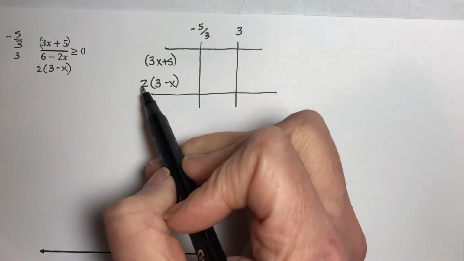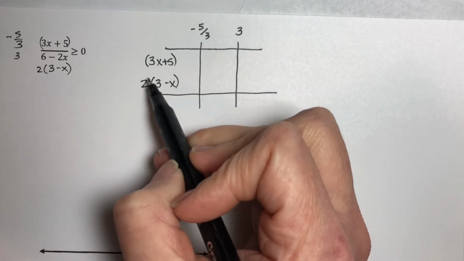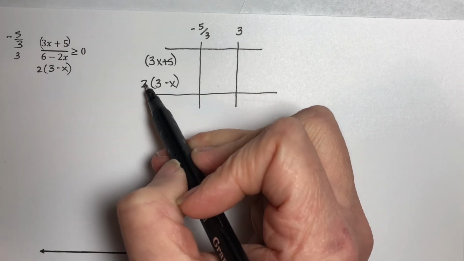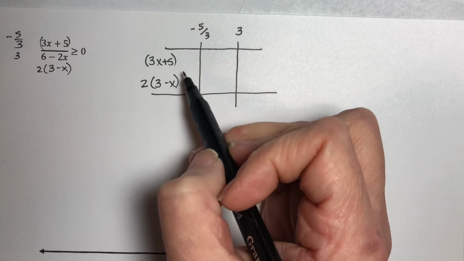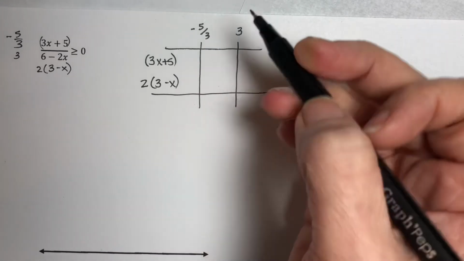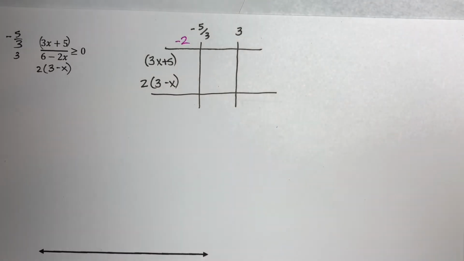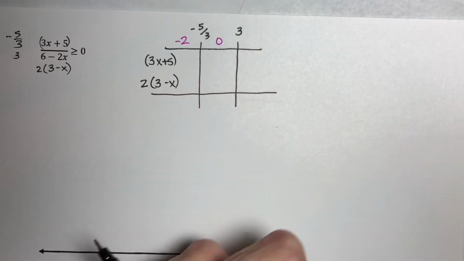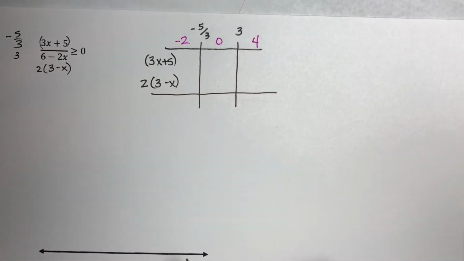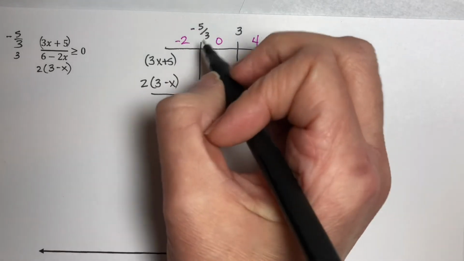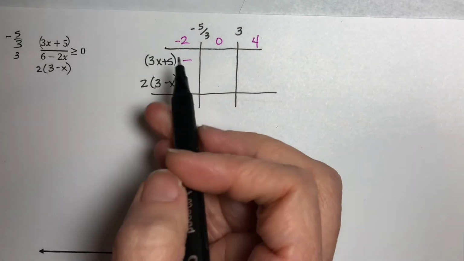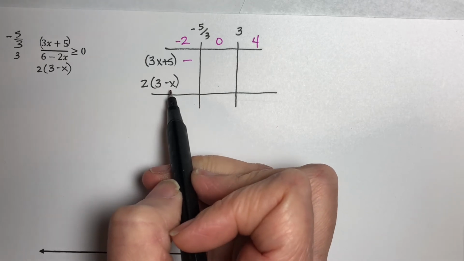Now, the reason I say this 2 doesn't really matter is it never changes the sign, because it's a positive number. So whatever the sign of this is the sign of my answer. I need to test a number smaller than -5/3. I can use -2. I can use 0 here, and I'm going to use 4 here. If I plug in -2, that's going to be -6 plus 5, which is negative. 3 minus a -2 would be 5.